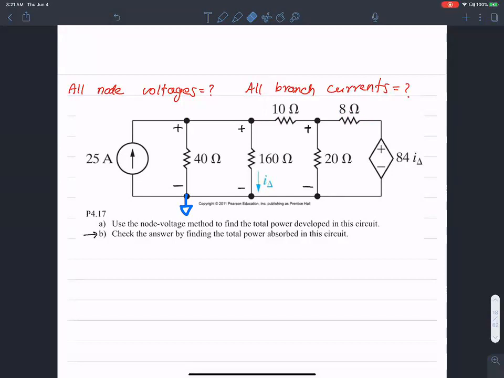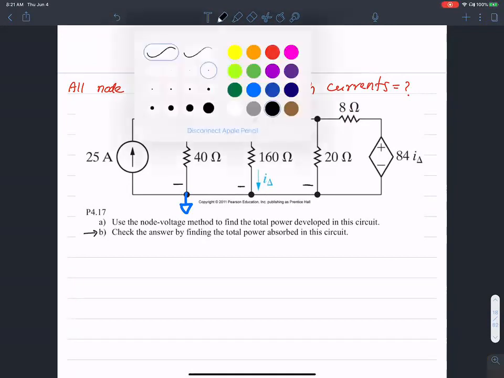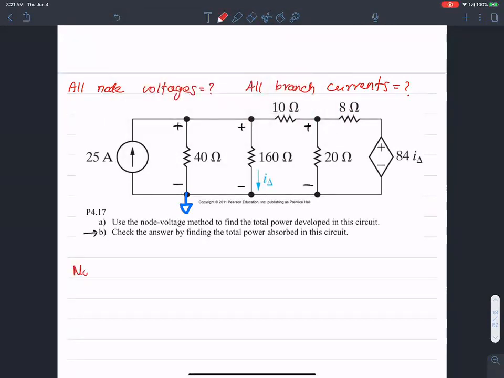Now, wouldn't we be summing the entirety of the current in these loops to use KCL? Sure. When we are doing the K, this is the node voltage method, right? Yes. Oh, excuse me, KVL.